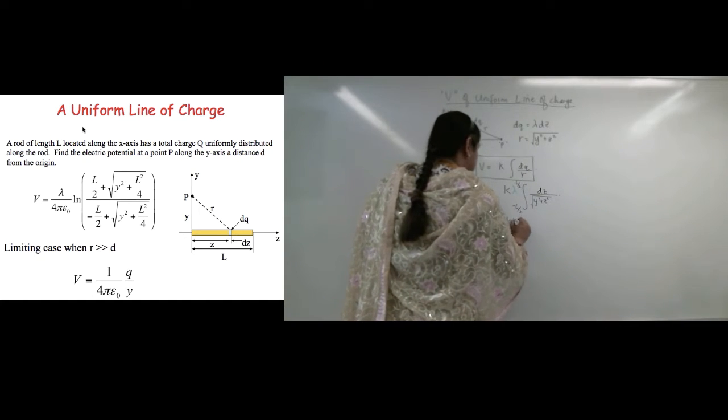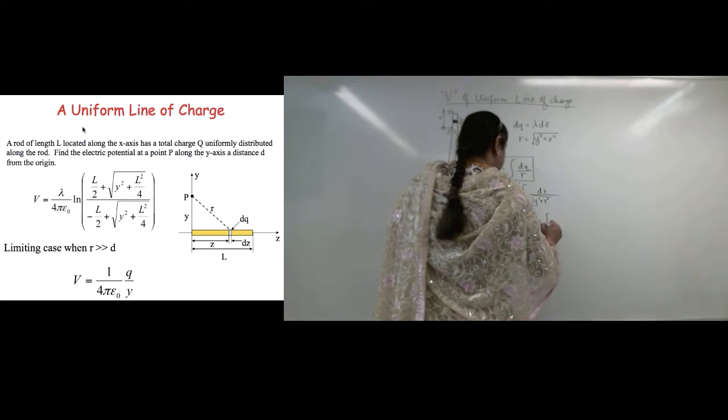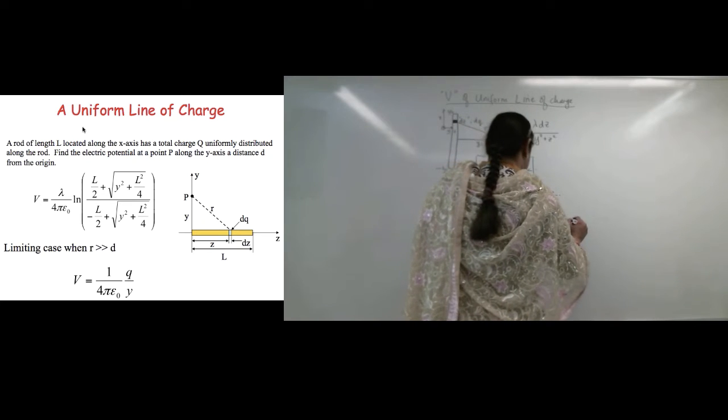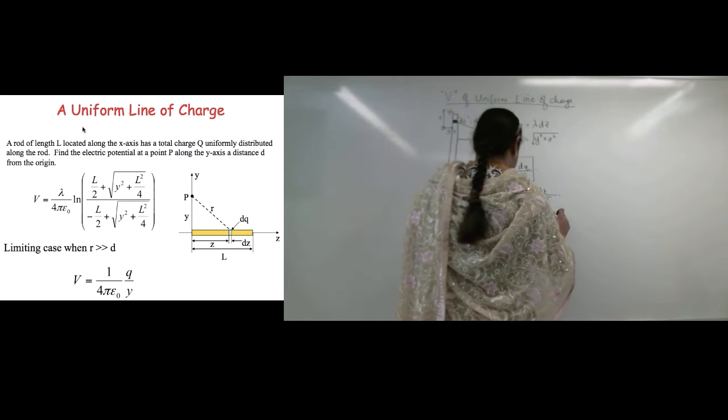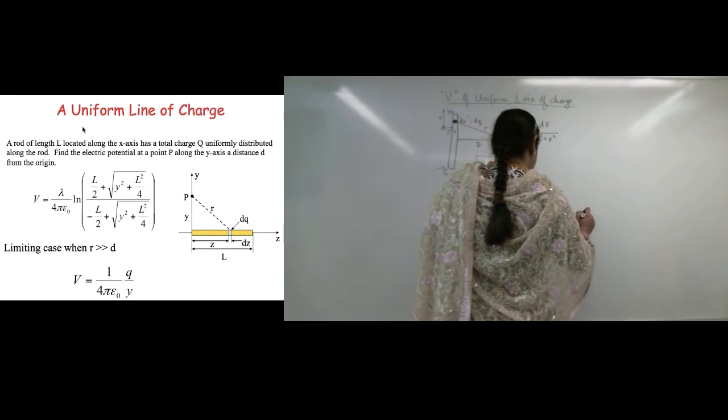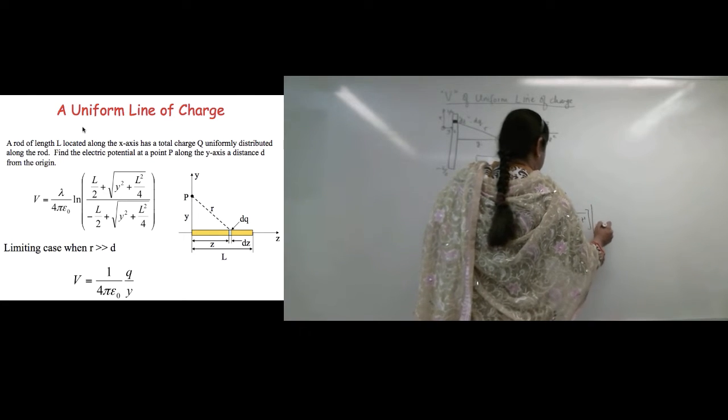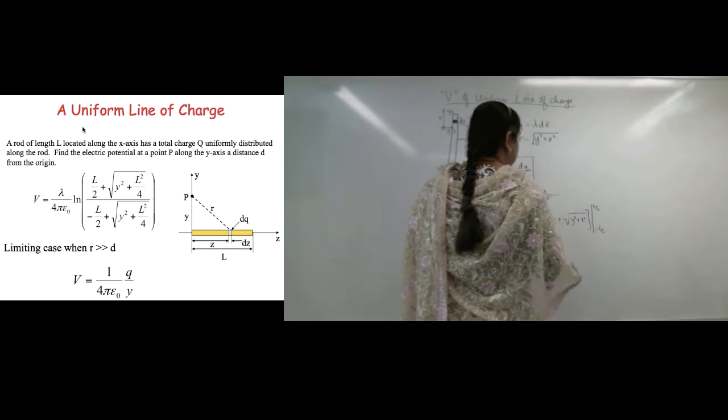So what is the integral for this? It is going to be log of z plus the square root of y squared plus z squared, from minus L by 2 to L by 2.